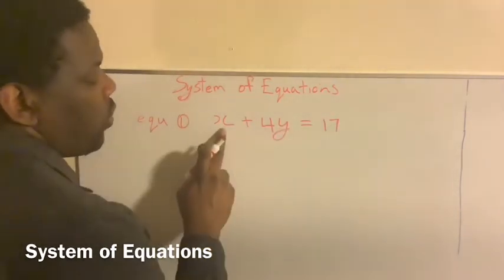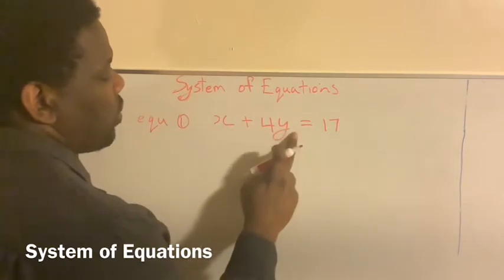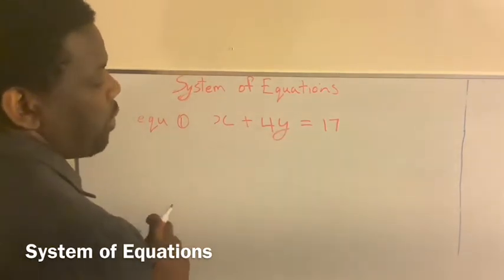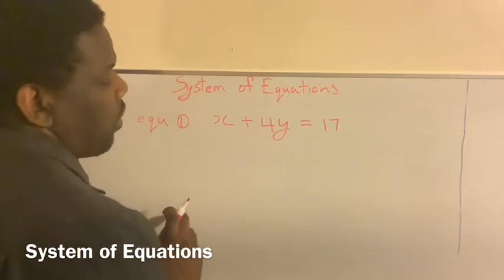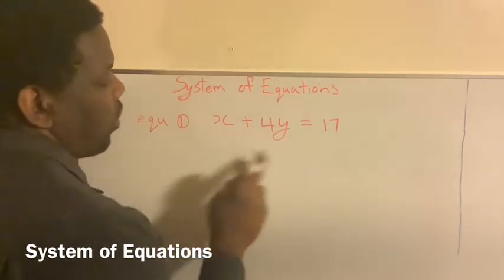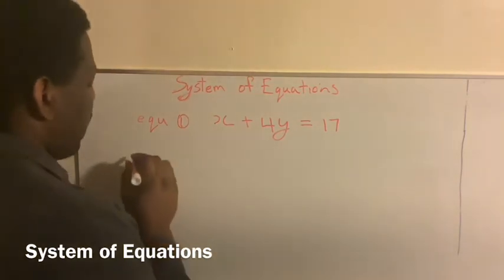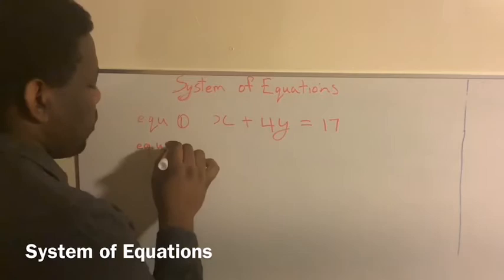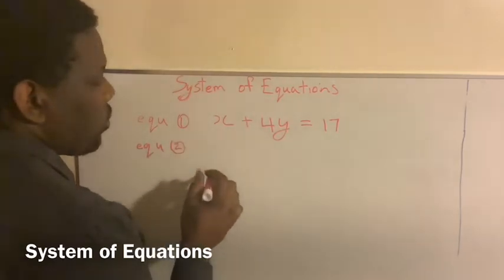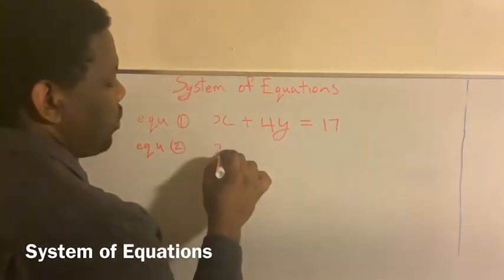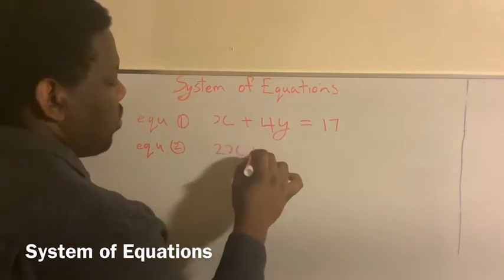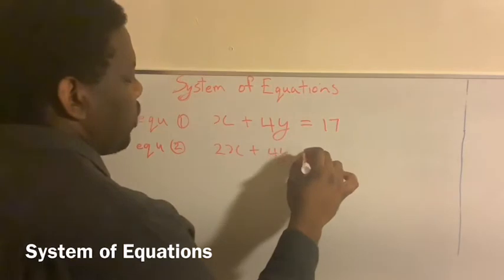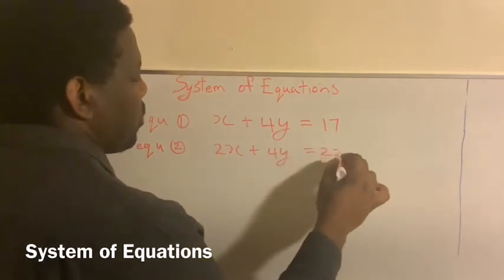Now we have two variables or unknowns in this particular equation, so there isn't enough information to solve for either x or y. But we are given a second equation: 2x plus 4y is equal to 22.